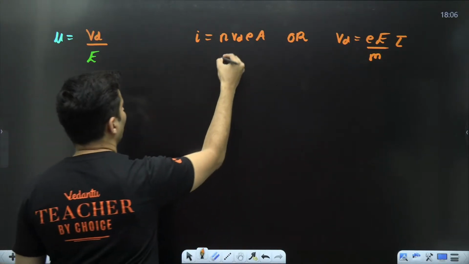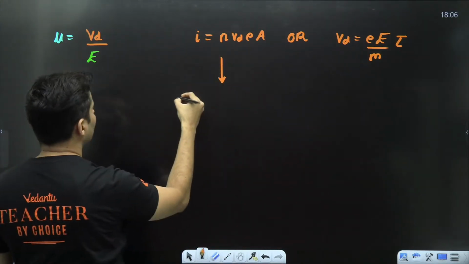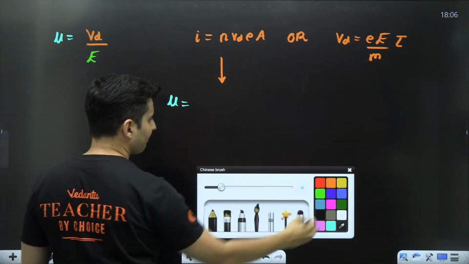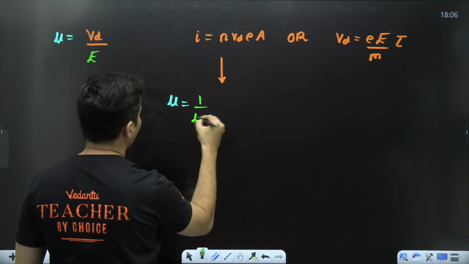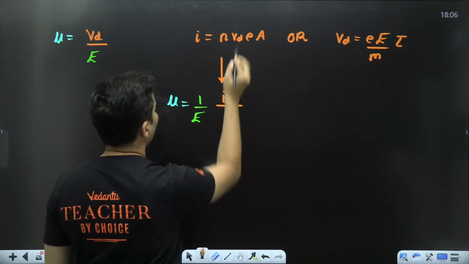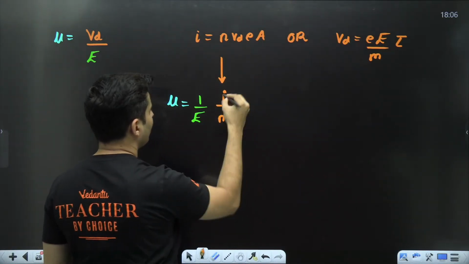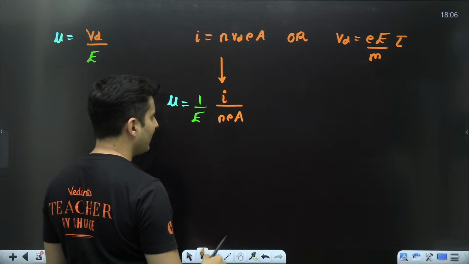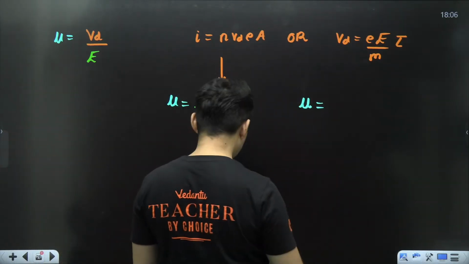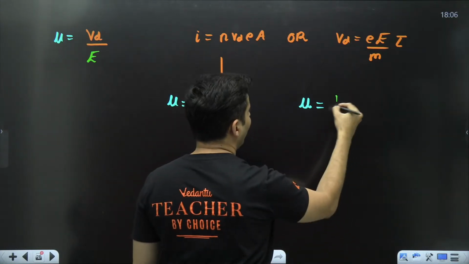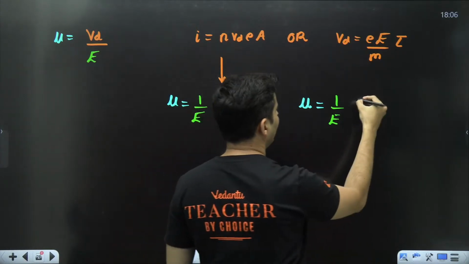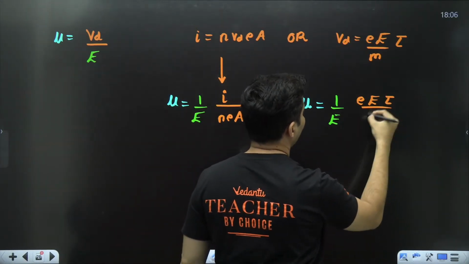So if I use this formula, then what will happen to our mobility? Mobility will be 1 by E as it is. Instead of vd, I will put current divided by nea. And if I use the other one, then the mobility will be 1 by E as it is, and instead of drift speed, I'll put E tau divided by m.